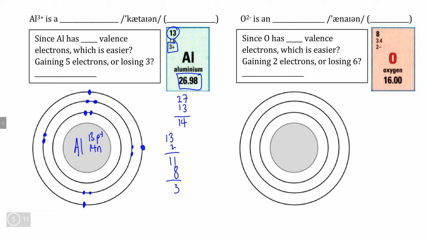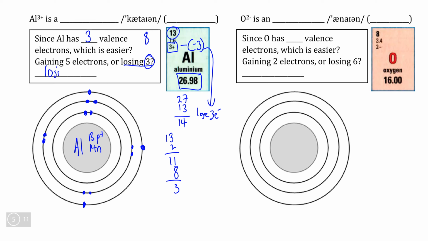That means that we need to subtract a charge of negative 3, and this translates to losing 3 electrons. Since aluminum has 3 valence electrons and 8 is full, we have a simple question: which is easier, losing 3 electrons or gaining 5? Well, losing 3 should be easier because 3 is a smaller number than 5, so aluminum will have to do less work.